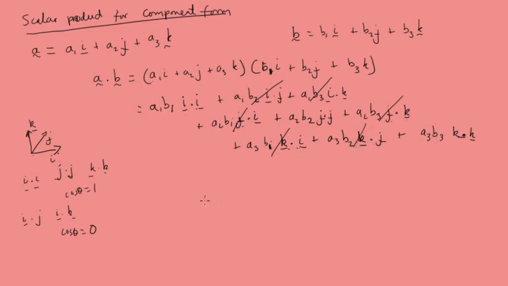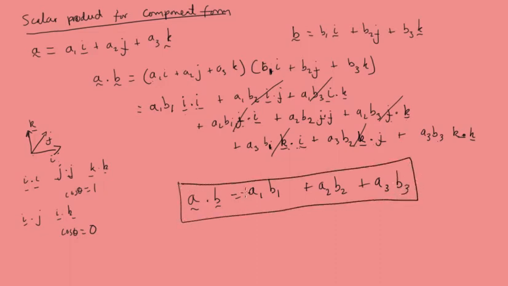And that leaves us with this. So all of that comes down nicely to give us the dot product rule in component form: A1B1 plus A2B2 plus A3B3.